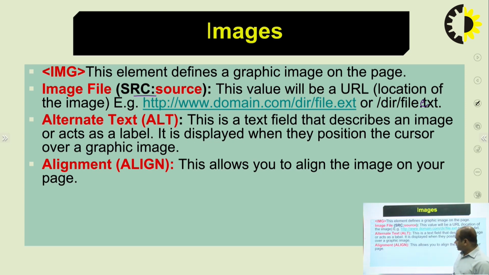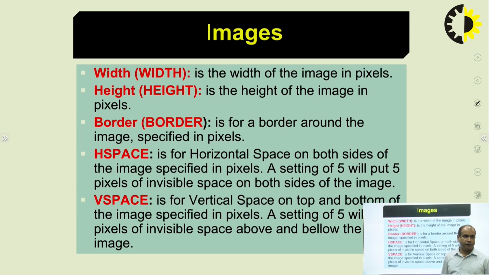Next is align. Align allows us to align the image on the web page. It can be left, right or center. Next are width and height. If we wish to change the image height or width, we provide the height and width attributes, and set values in pixels or in percentage.